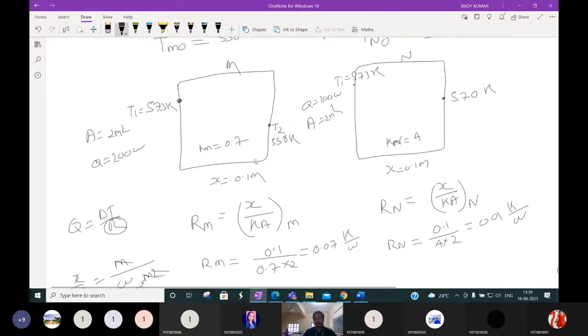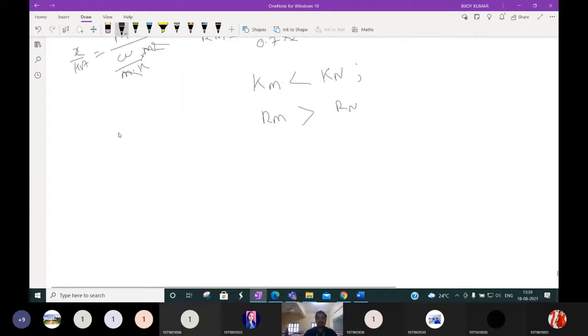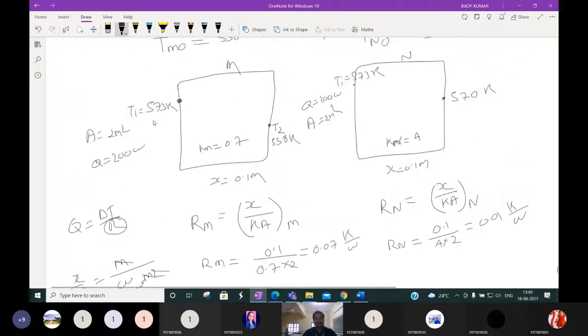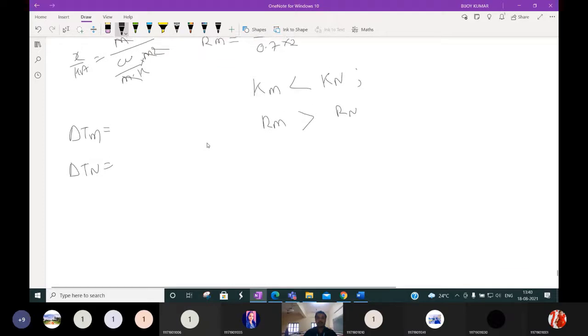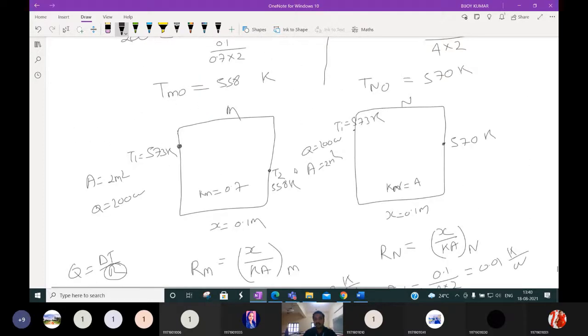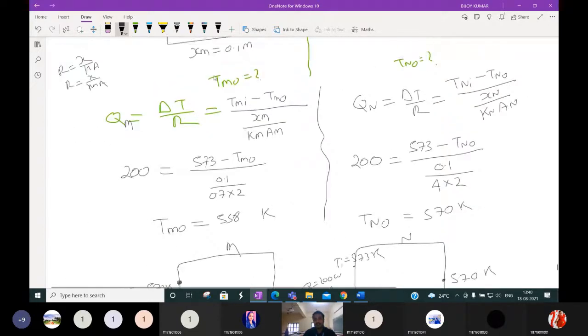What will be the delta T value here? Can anyone say the delta T value, meaning delta Tm and delta Tn? Delta Tm means 573 minus 558, inside temperature minus outside temperature. The inside temperature was given, and the outside temperature we just determined here.